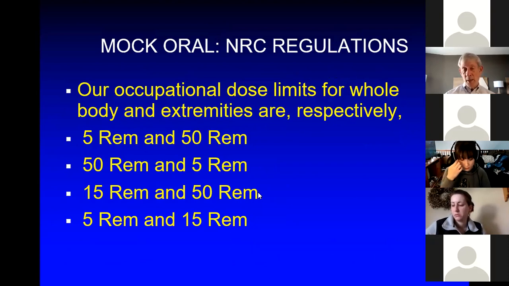Your hands are permitted 10 times that much, or 50 rems, mainly because there's no bone marrow in your hands to speak of, and you're not at much risk of getting a pretty high hand dose. Nevertheless, we don't want anyone near 50 rems. Even radiologists who have their hands in fluoro beams have the same limits, and they're much more likely to get a higher dose than we will. So that's choice 1, 5 rems and 50 rems.